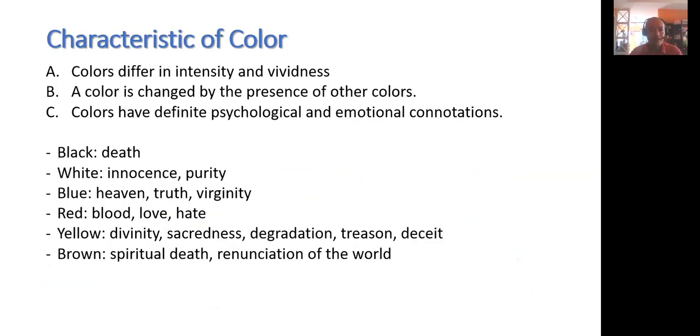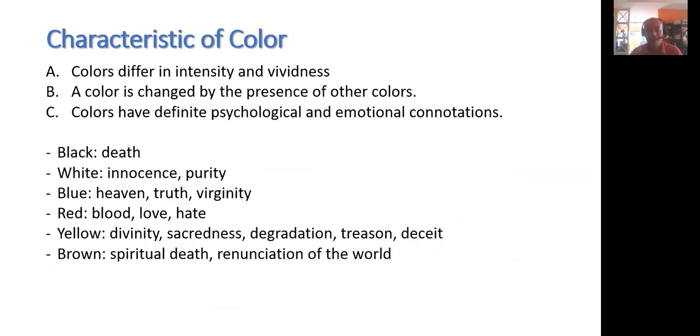Then we have characteristics of colors. Colors differ in intensity and vividness. Another one, color is changed by the presence of other colors. As I have said, probably I can upload some videos here of how colors interact with other colors.